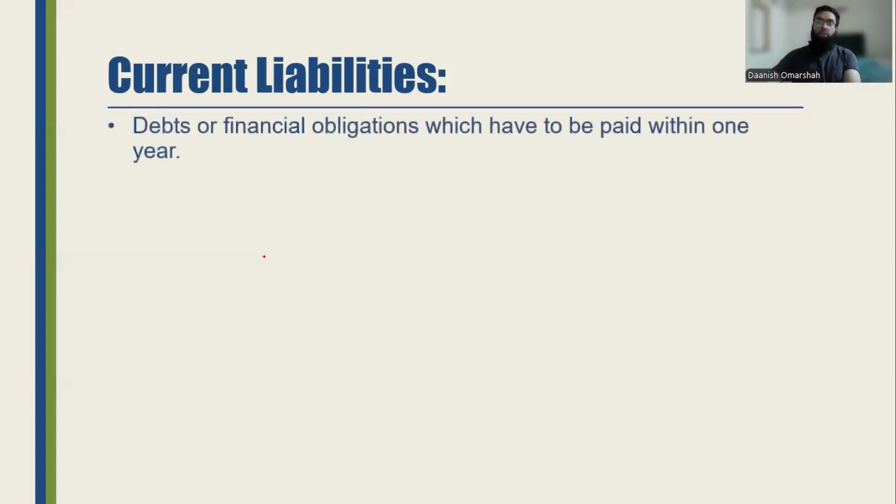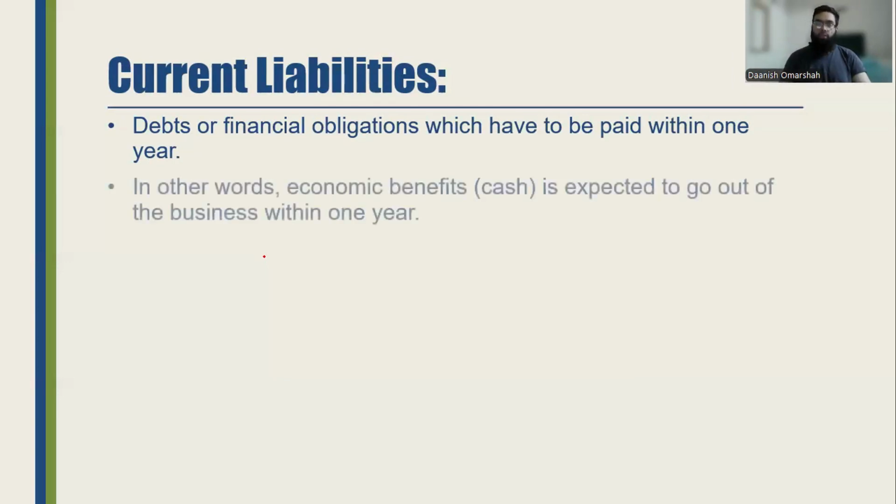These are debts or financial obligations which have to be paid within 1 year, same as current assets within 1 year. The difference is these are outflows, current assets are inflows. In other words, the economic benefits, cash, is expected to go out of the business within 1 year.